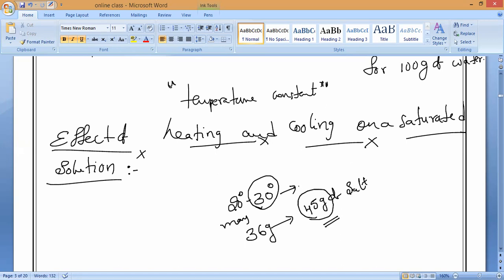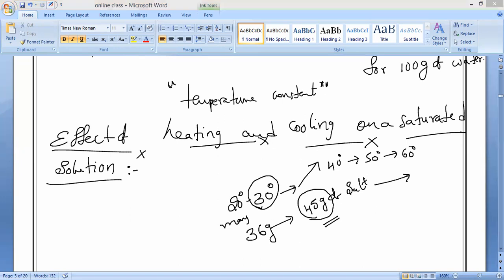If I increase the temperature further, 40, 50, 60 degrees, the amount of salt also increases. But it is not indefinite. To some extent it will increase, and later again it will attain the saturated state.